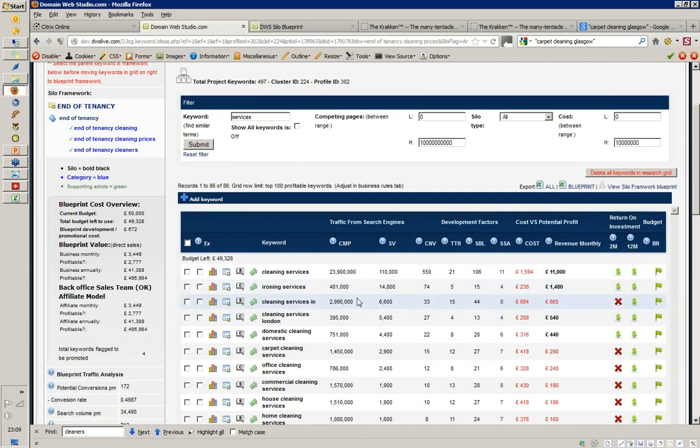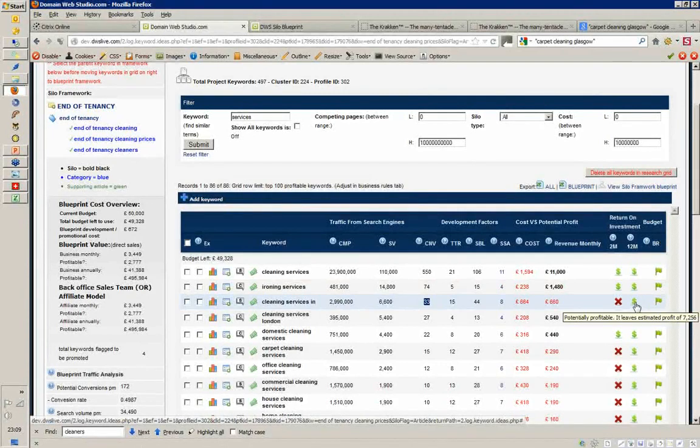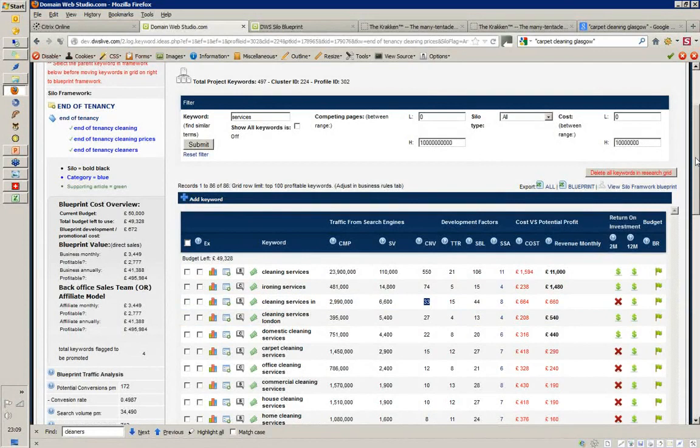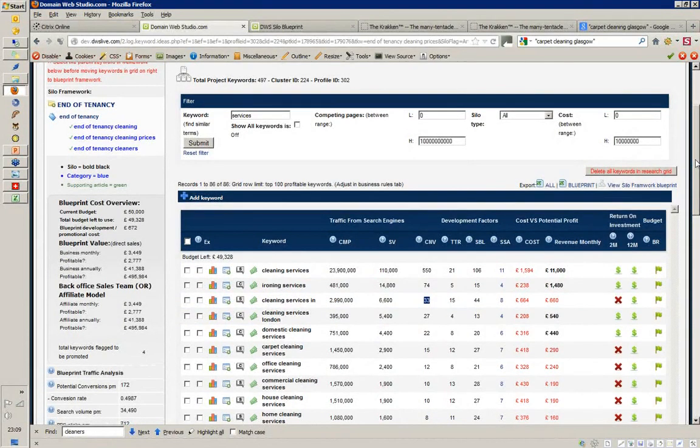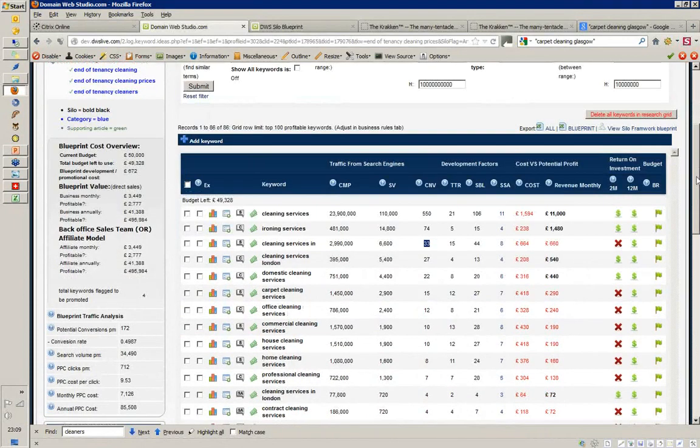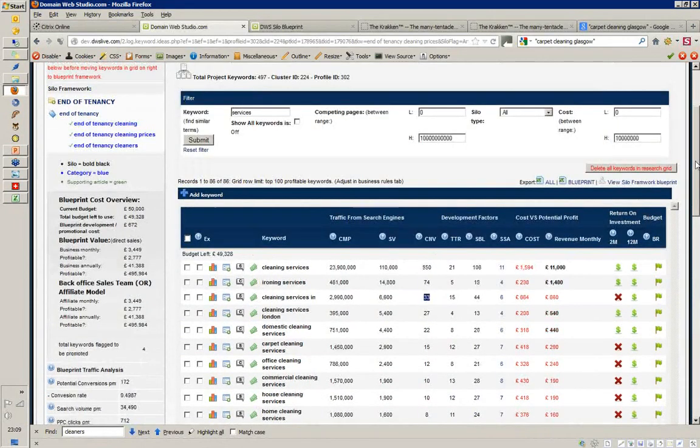Oh, there we go. There's a nice one, but it's not worth much money. 33 conversions. That'll make us how much in a year? £7,000. That's just on rankings. Office cleaning services, that's what I'm looking for. So services is not much money in it with how much profit we got.